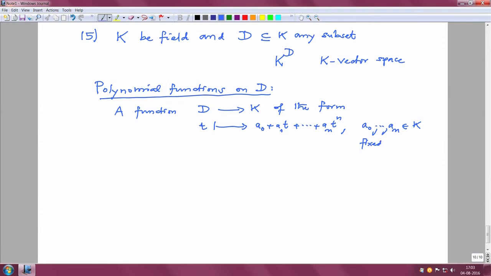These are called coefficients. Such a function is called a polynomial function.